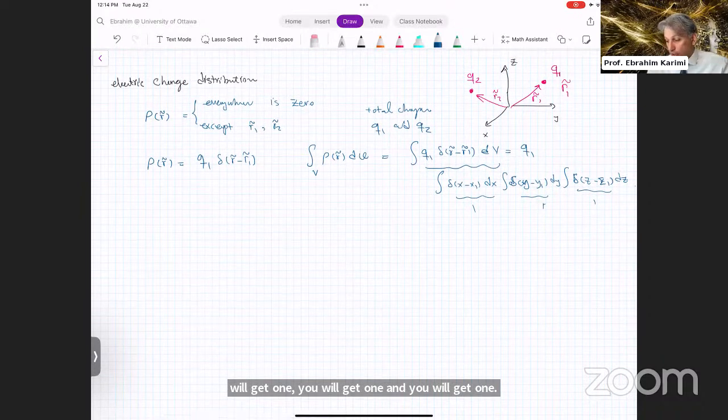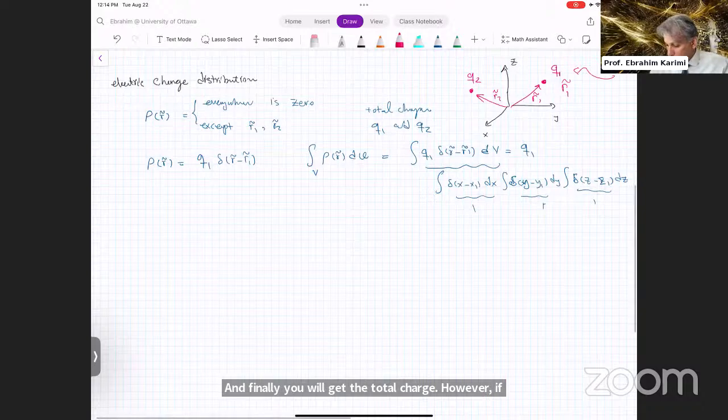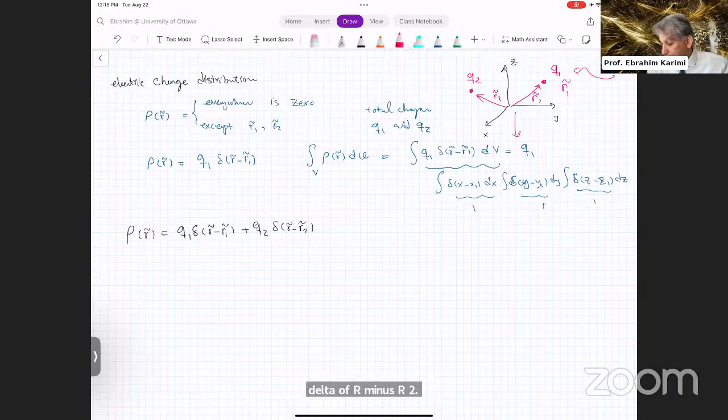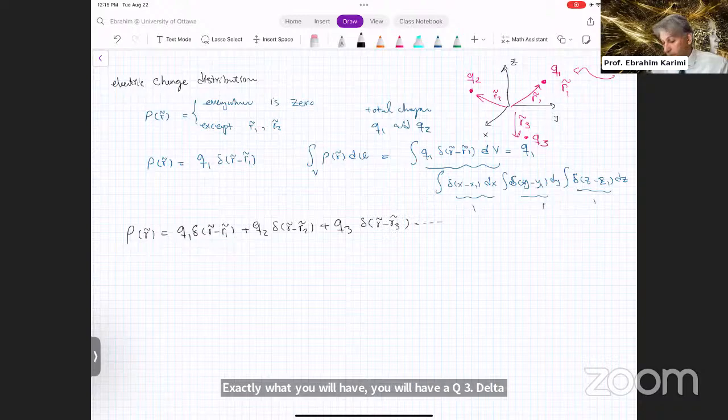However, if you have 2 charges like the form that I have written here, then the charge distribution indeed is given by rho of R equals Q1 delta of R minus R1 plus Q2 delta of R minus R2. And even if you have a third charge here, Q3, exactly, you will have Q3 delta of R minus R3, and so on.